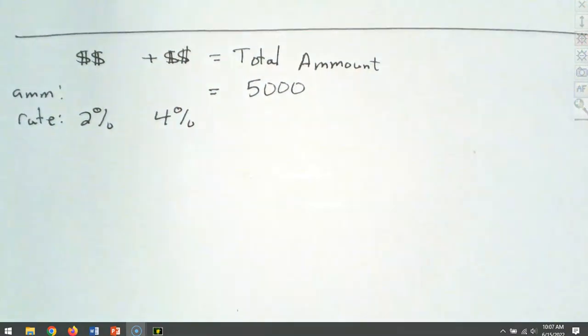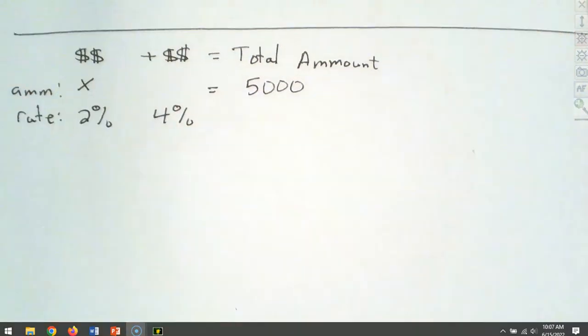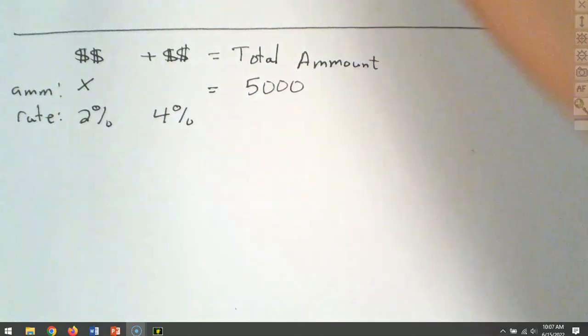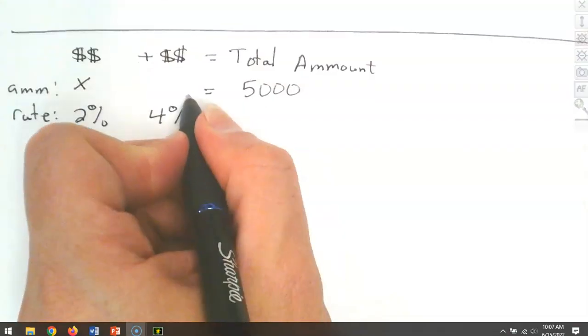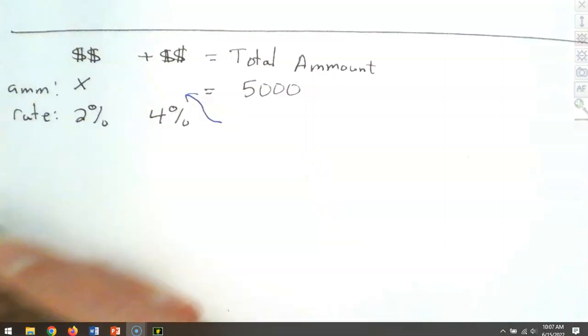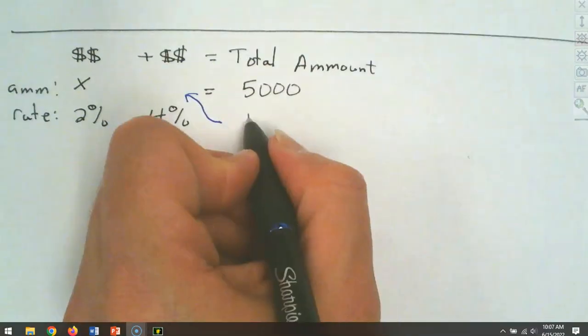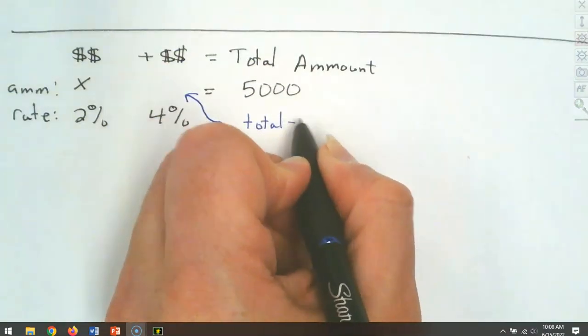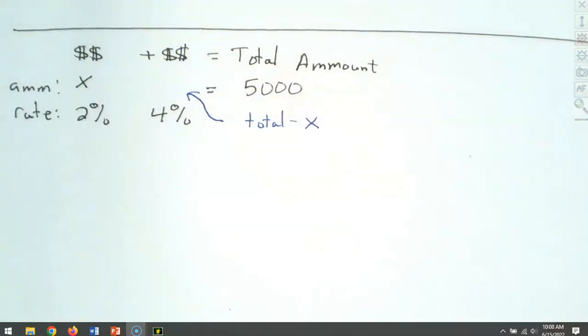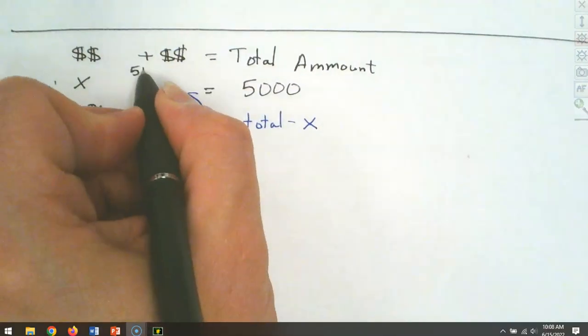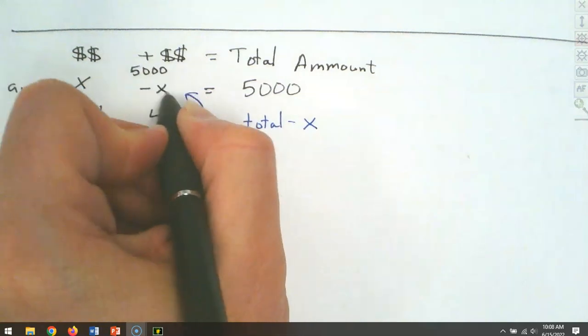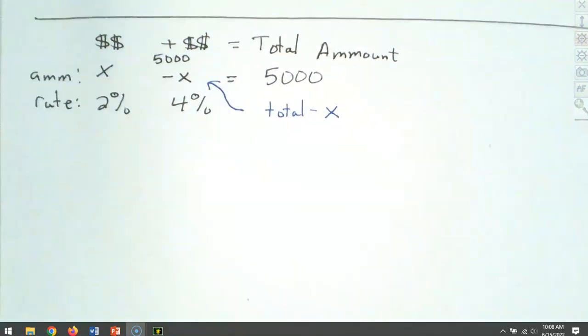And just like the other two questions before it, 5 and 8, we don't know how much is in the CD, so we use an X to represent that. We also don't know how much is in the mutual fund, but we do know that that is going to be the total minus X, and so that is 5,000 minus X.